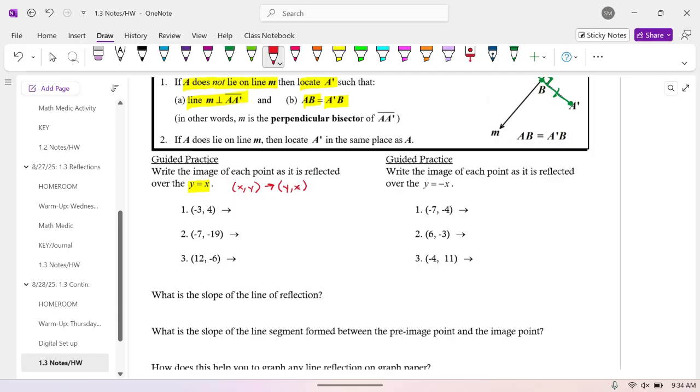The negative y, negative x is y equals negative x. So what will my new points be here? 4, -3. What about here? -19, -7. Then here. -6, 12.